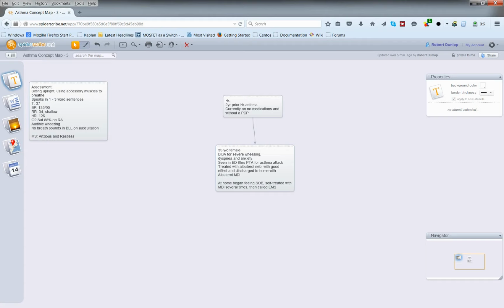What else? Well, we had some labs drawn while we were waiting to get other orders and figure out what we're doing. So let's add the labs. It said paste. There we go. We also have some diagnostic studies, so we'll go ahead and add those in as well, and then we can talk about these two aspects.